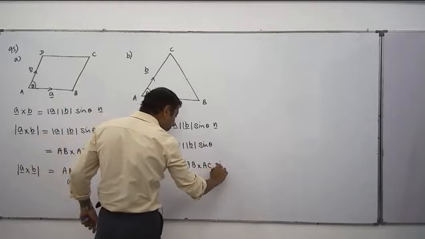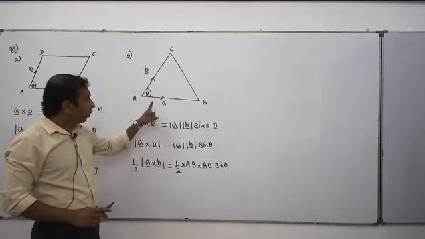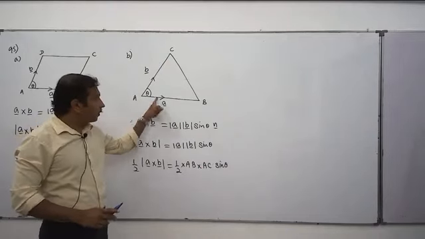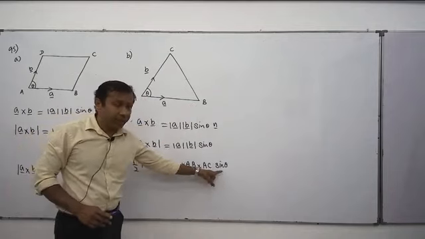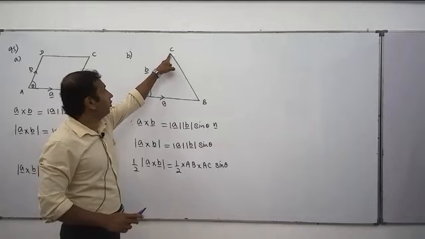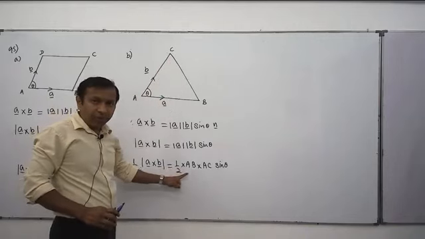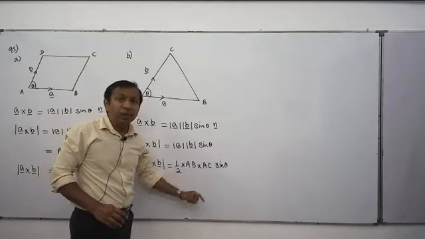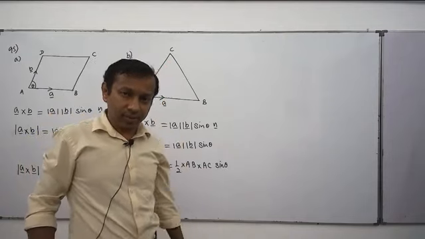Sine theta. People, what is this? Half, AB is base. Half base. What is AC sine theta? AC is this. AC sine theta means this height. Then what do you have here? Half base into perpendicular height. What is that? It is the area of a triangle. Area of this triangle.